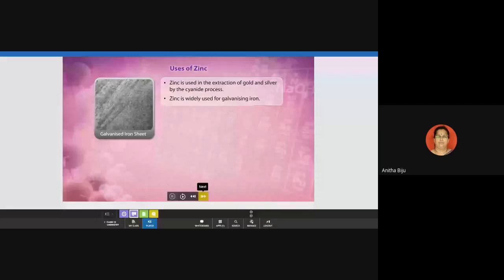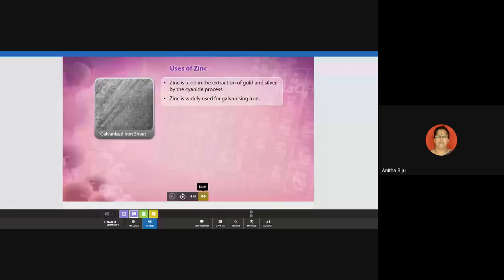What do you mean by galvanization of iron? Anyone? What is galvanization of iron? Okay. Let me ask Tisha. Zinc coating of which metal? Yes, Tisha, ma'am, can you say what is galvanization?